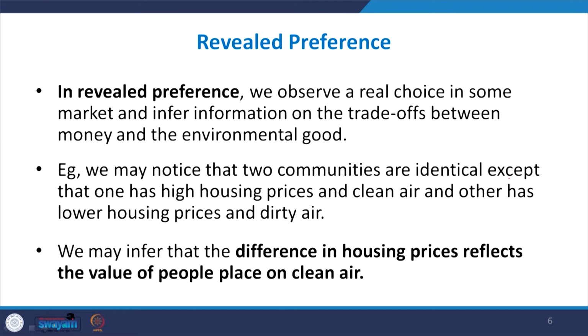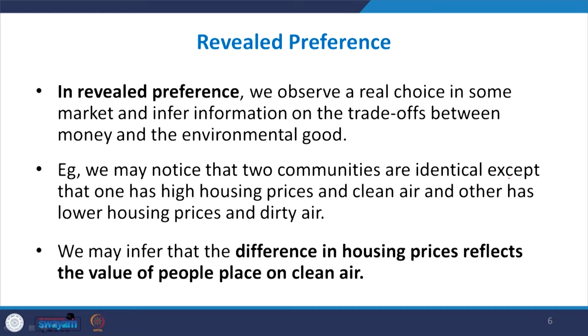Let me first explain what a revealed preference approach is. In the revealed preference approach, we observe a real choice in some market and infer information on the trade off between money and environmental goods.